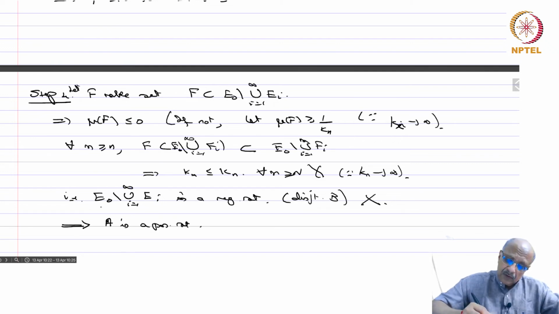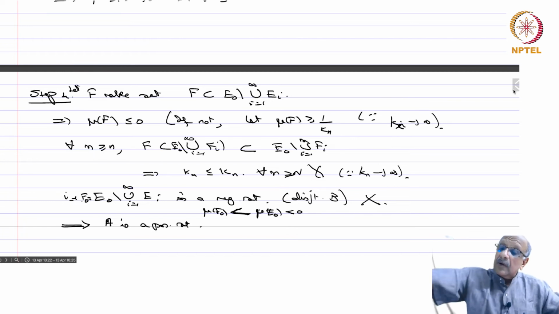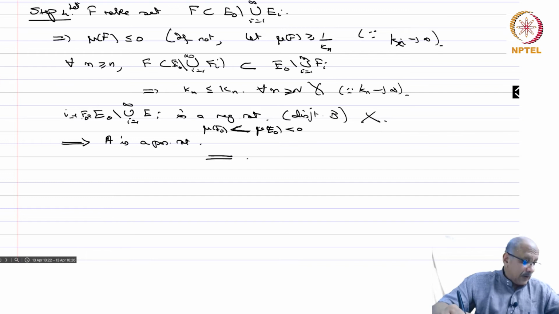And if you call this F naught, you have mu of F naught, a subset of E naught, is less than mu of E naught, which is strictly less than 0 and disjoint from B, and that's not possible. So that is the conclusion. This completes the proof.